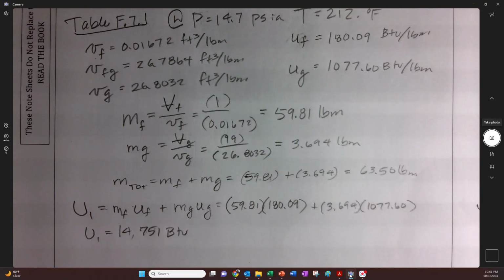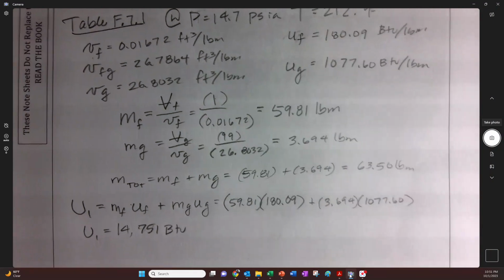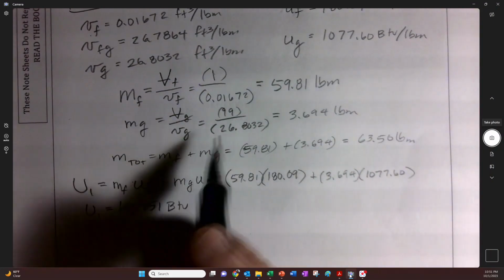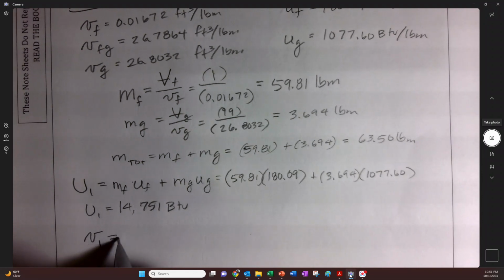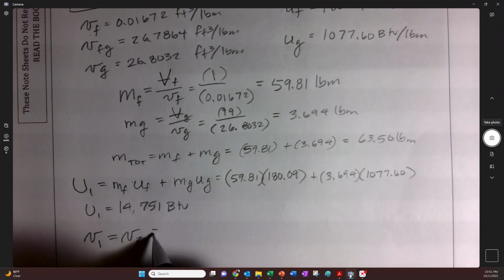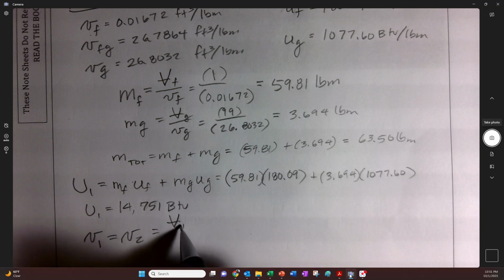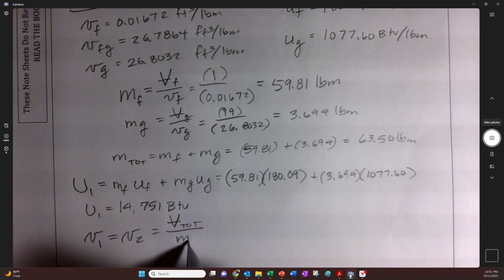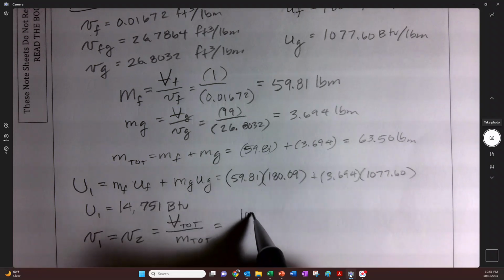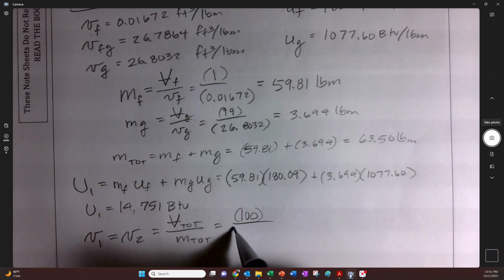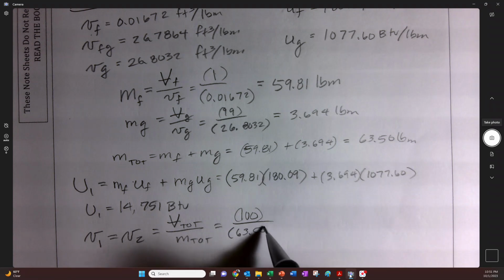We need to know what the specific volume is of the total thing. We could play around with these up above, but it's probably just as easy to go v2 equals whatever it is going to be, the total volume divided by the total mass, or 100 over 63.50.